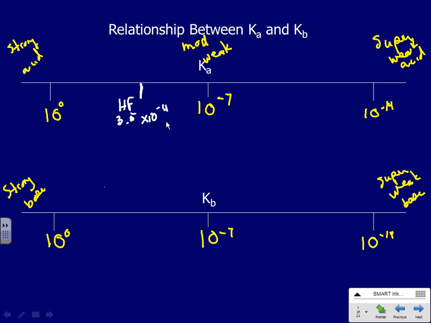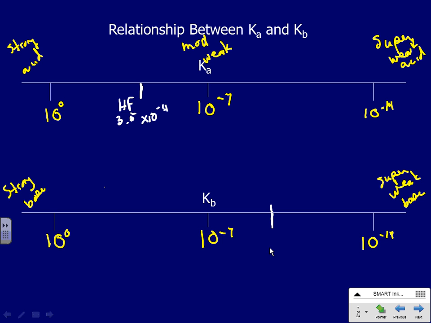Let's now take a look at what the conjugate base is going to be for HF. Well, we could do the calculation, but our page already has it. So I'm going to just work my way across HF, and I get 2.9 times 10 to the minus 11. Now, because of the calculation, Ka times Kb equals Kw, it's actually going to be the exact opposite length from that center line to its conjugate base.